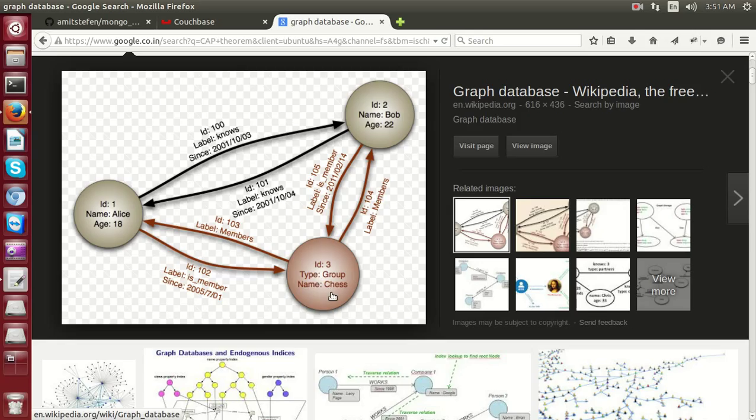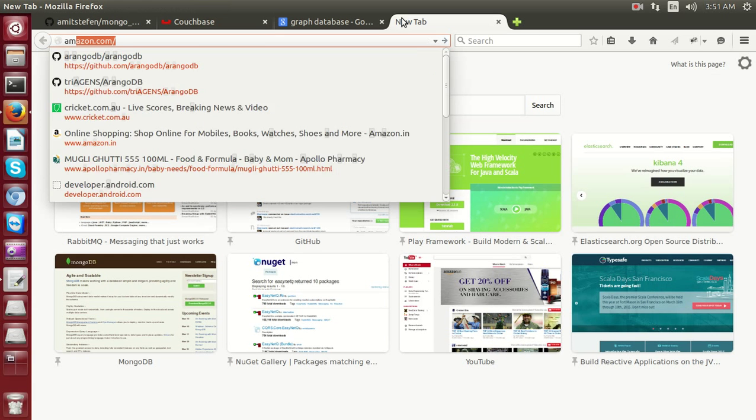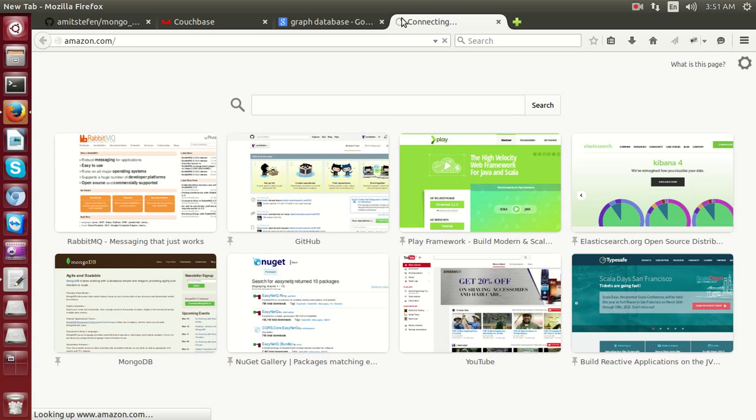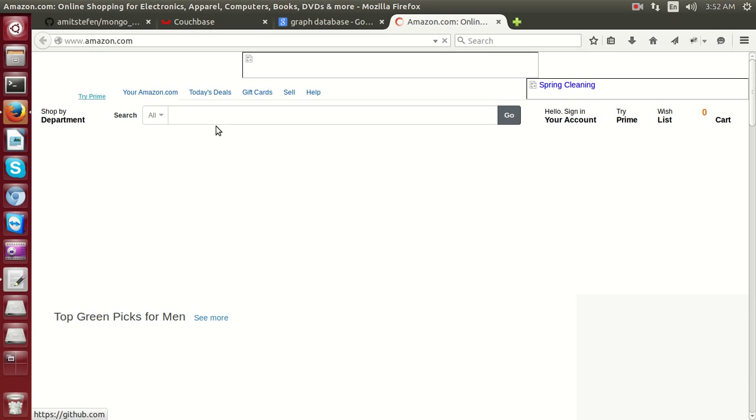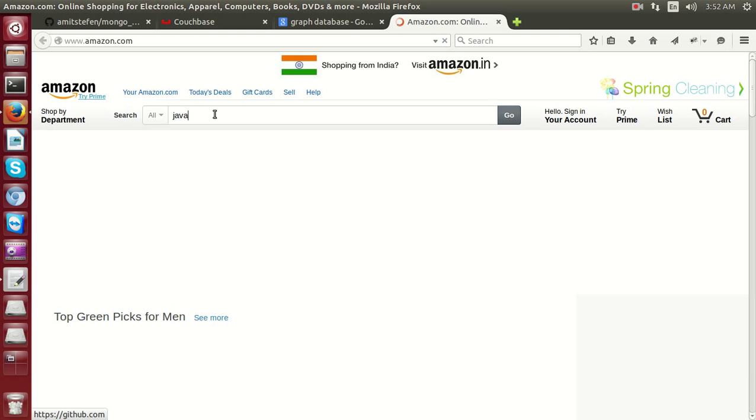This sort of database can actually help you where your business domain structure is complex, and this is mostly used in making recommendations. You would have seen on Amazon or Facebook, say in Amazon, when you open up any product, let's just go to amazon.com. I just open any product, say a Java book.